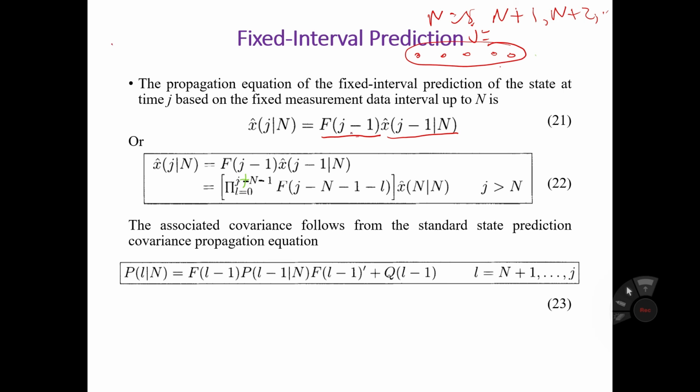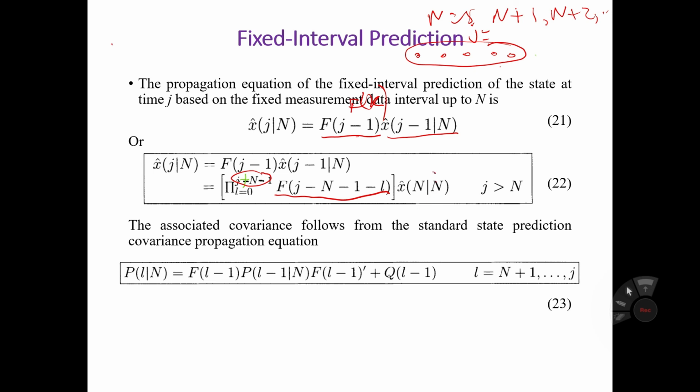Okay, again this is the same as F of k and x of k given n, but as we are calculating the fixed interval prediction, we have to replace it with j minus 1 and j minus 1 given n, or we can write it in the product form like this: sum of the product of j plus n minus 1, this fixed interval prediction and x of n given n.